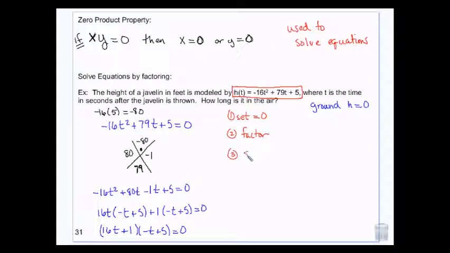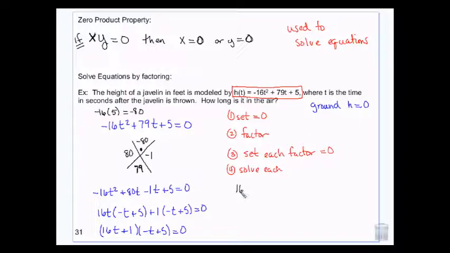After you factor it, you want to set each equal to 0, because my product property tells me if this times this equals 0, then at least one of them equals 0. And then after that, you'll solve each.